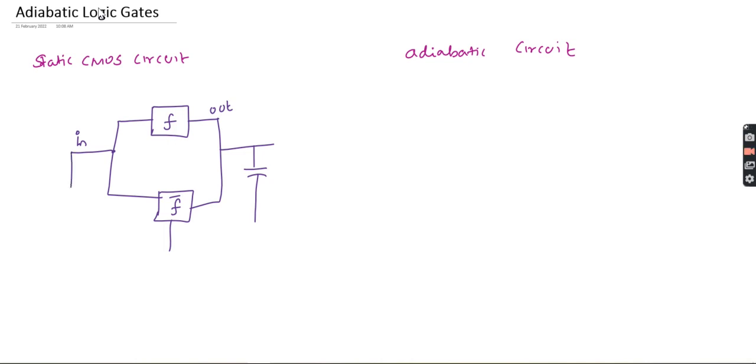Then we connect the fixed VDD, a very important power supply. This will be your out. As we know, this is your PMOS network, that is the pull up network, and this is your pull down network, that is your NMOS. These are static CMOS circuits.